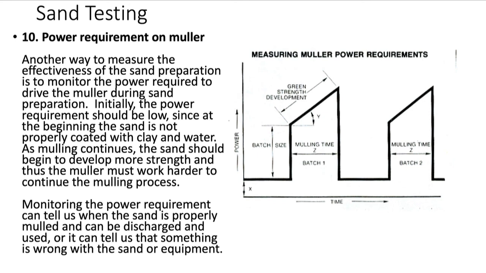They call it mull to energy. In other words, they're mulling the sand for the amount of time it takes to just get the clay mixed with the water and distributed. And then they look at that over time. They look at the power required, and they can tell exactly when you want to dry. You actually can reduce the properties if you overmull sand. You can't actually damage the sand.